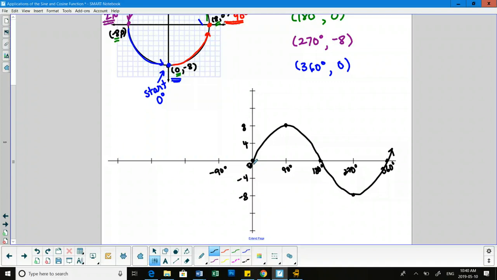Okay, so that's my rotation starting at the bottom and tracking horizontal displacement. So you'll notice that the starting position was different. And we're also tracking something completely different. We're tracking horizontal displacement instead of vertical.